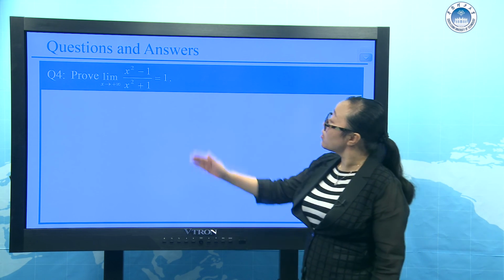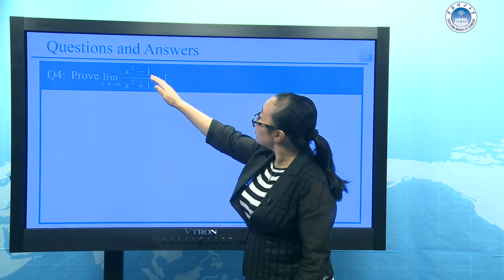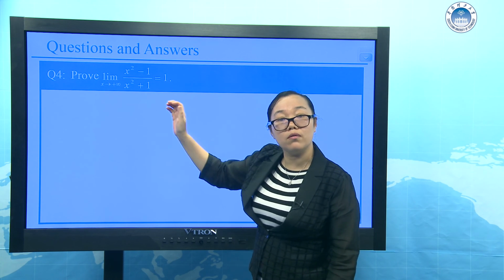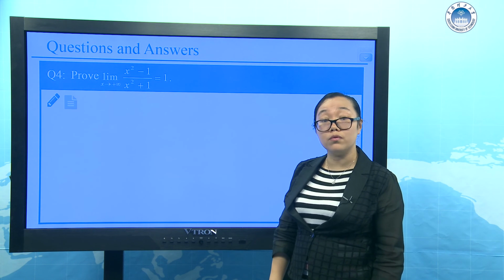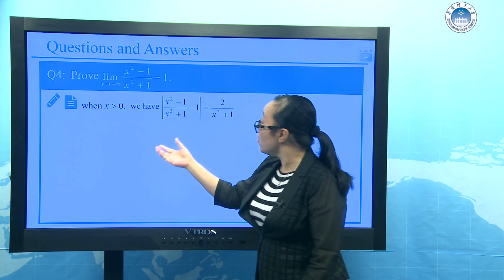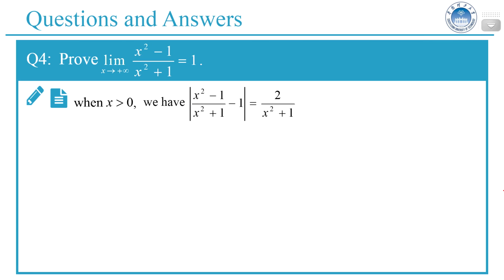Try to prove the limit of f(x) equals 1 as x tends to positive infinity. How to prove? For x greater than M, we always need f(x) minus L small. How to get it? Try to get the x bound in terms of epsilon. So we have the absolute value of f(x) minus L equals this expression.